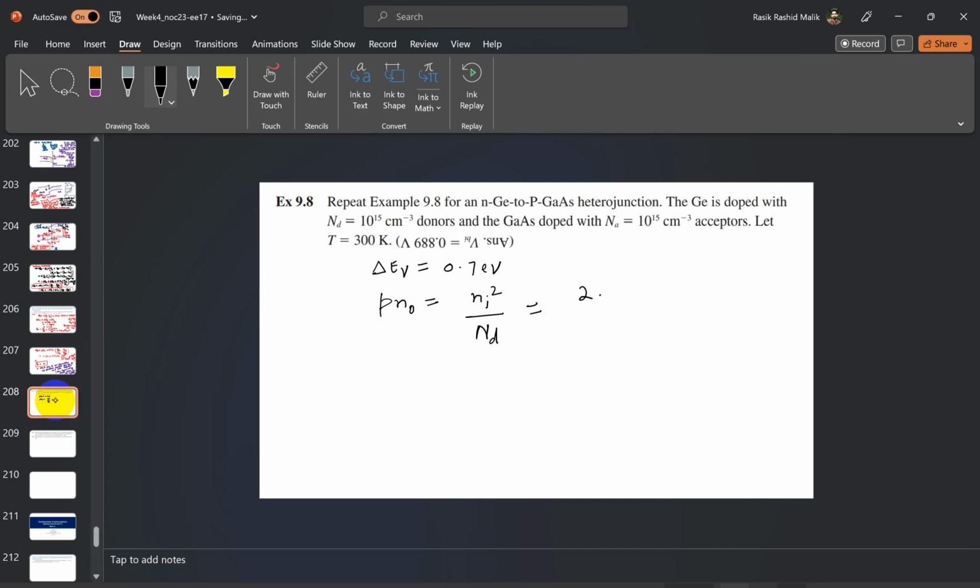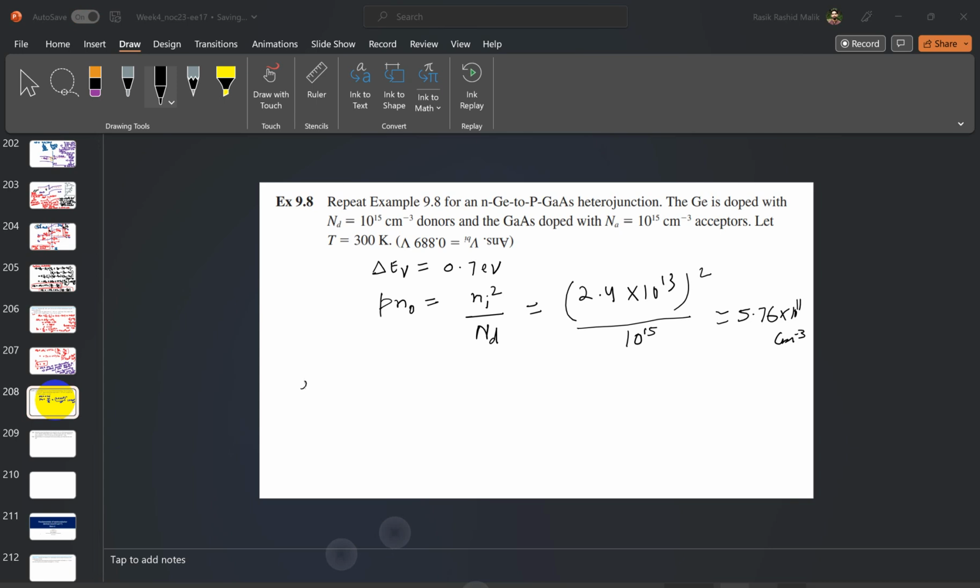So this is 2.4 into 10 to the power 13, which was given in the previous question already, divided by 10 to the power 15. So that is now coming out to be 5.76 into 10 to the power 11 per centimeter cube.